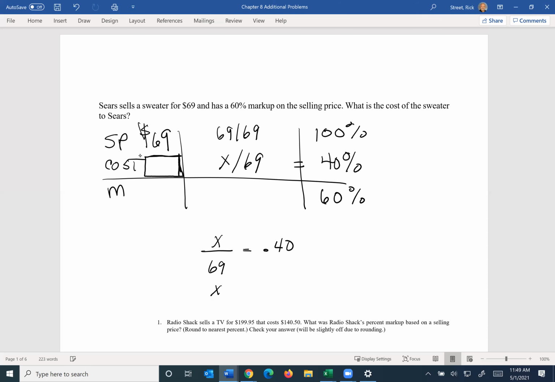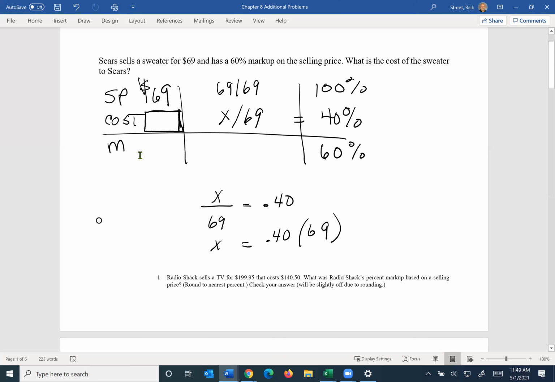And then we know that X by itself equals 40% of 69. And that makes our X, write it in here, $27.60.